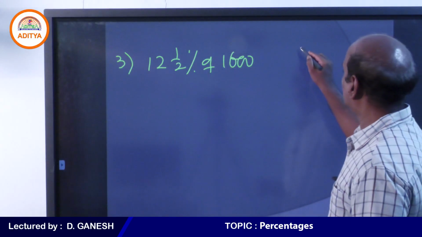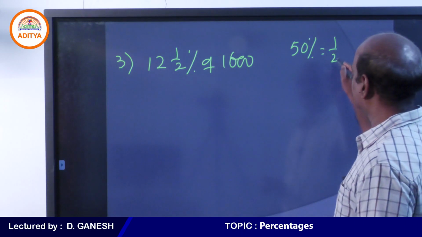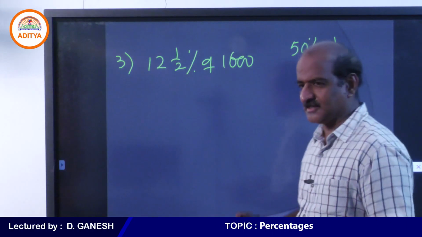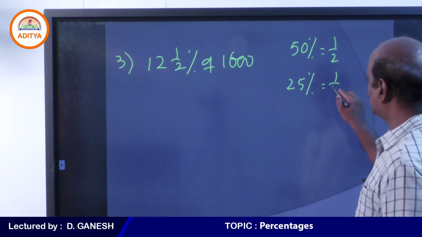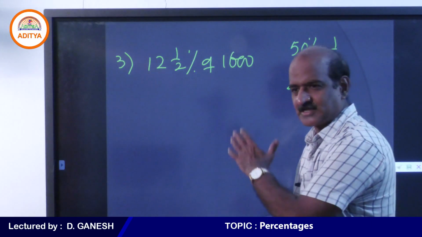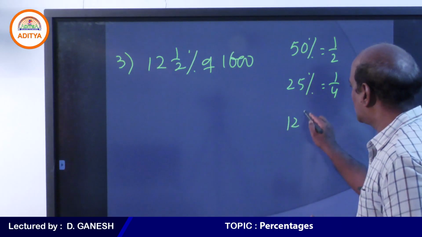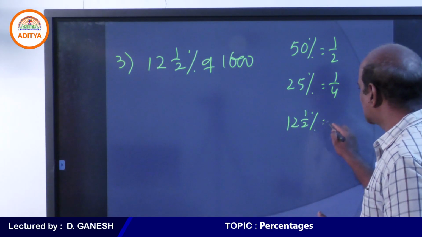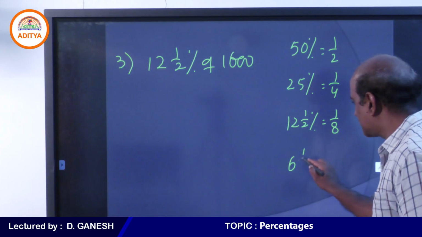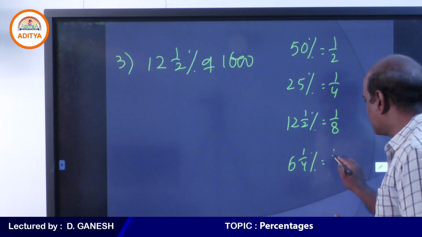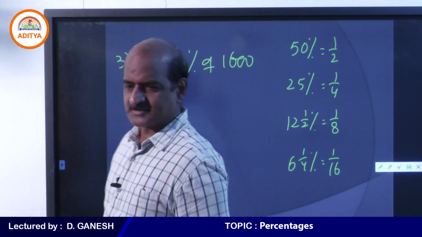Let me say again: 50% is nothing but 1/2 and 25% is 1/4. These are the standard fractions, and I told you to remember them. 12.5% is 1/8, and half of that, 6 1/4%, is 1/16. I hope you remember these values.